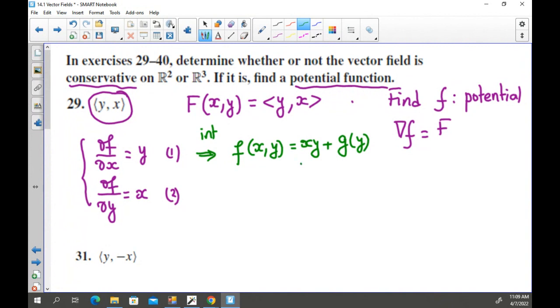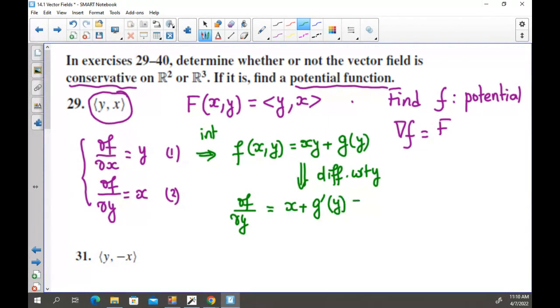And then differentiate this with respect to y. So df over dy is x plus g dash.